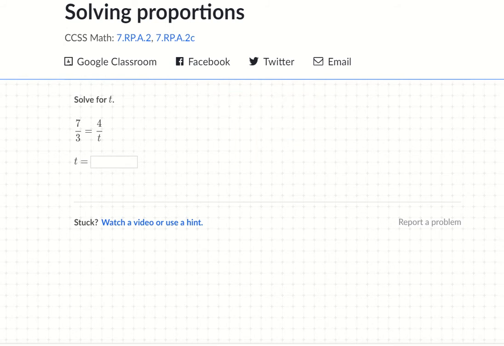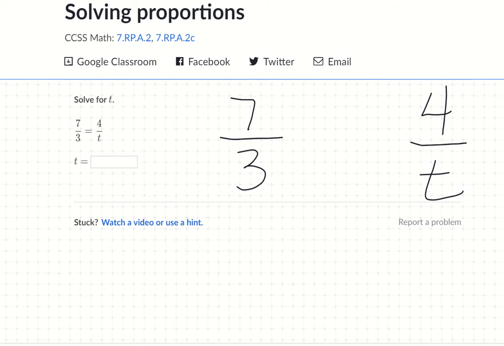So meaning if I've got my 7 compared to 3 and I'm going to want 4 compared to something, I need to figure out what am I going to multiply this 7 by to get 4. And whatever I multiply that 7 by to get 4, I'm going to multiply this 3 by the same thing to get t. Because remember, these relationships are multiplicative, meaning we're going to multiply or divide by something.